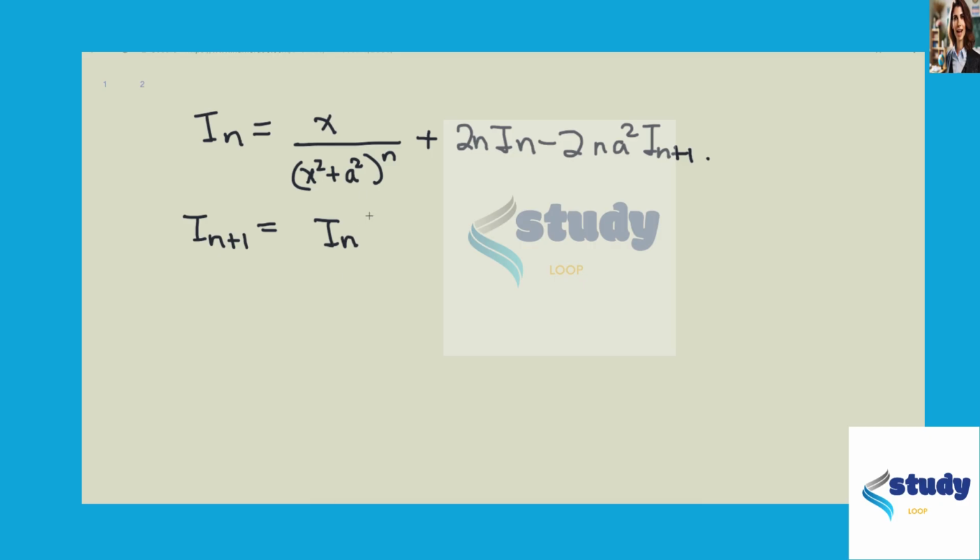So we have this 1 minus 2n. And then let's go ahead and simplify this, cancel out those minus signs.